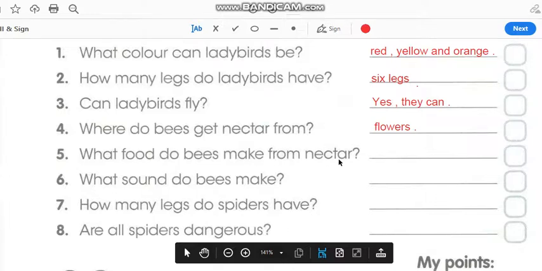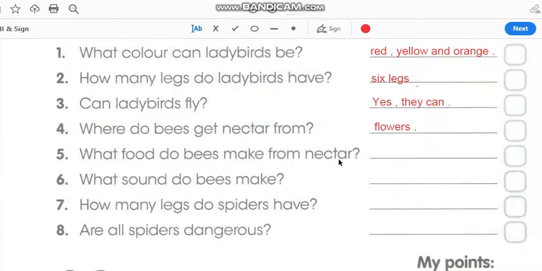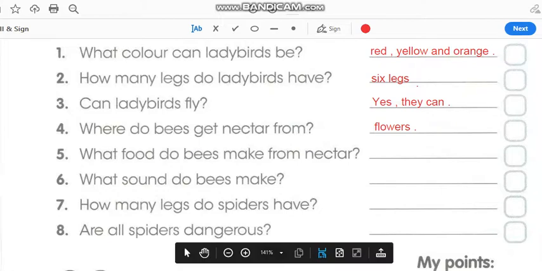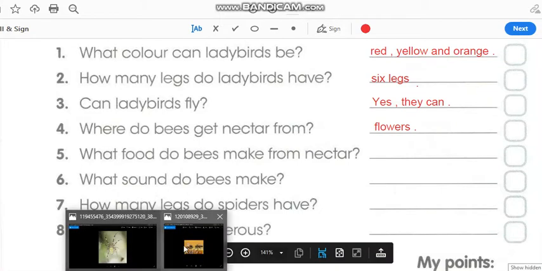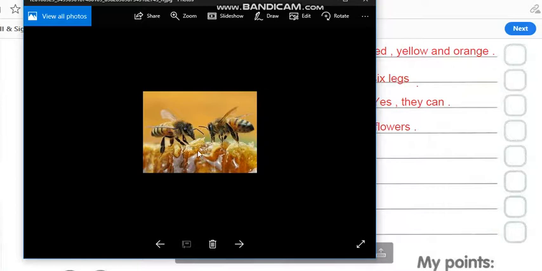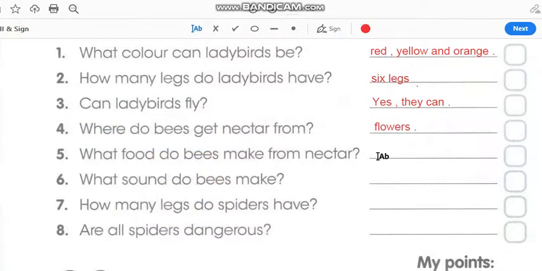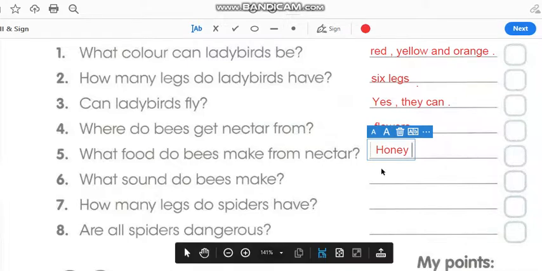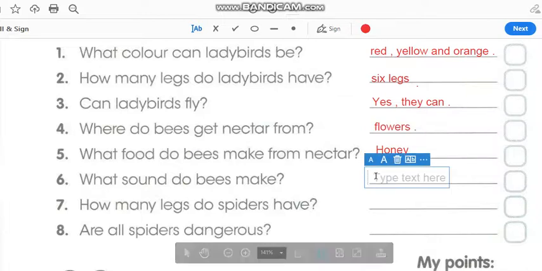If you look at this photo you will know the answer is that they make honey from nectar. So the right answer is honey. What sounds do bees make? Buzz. Yes, buzz sound.